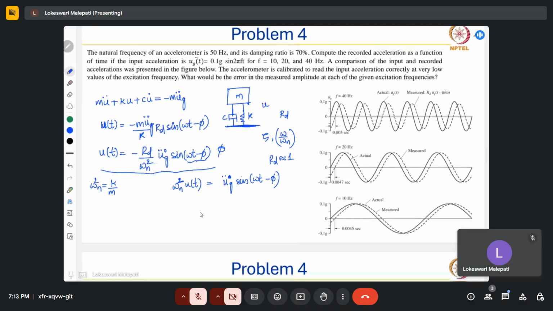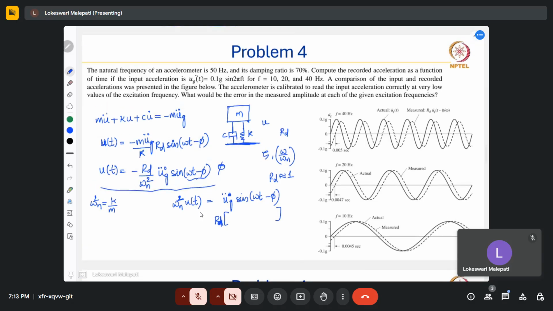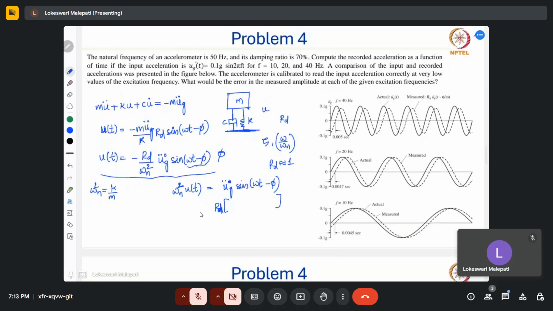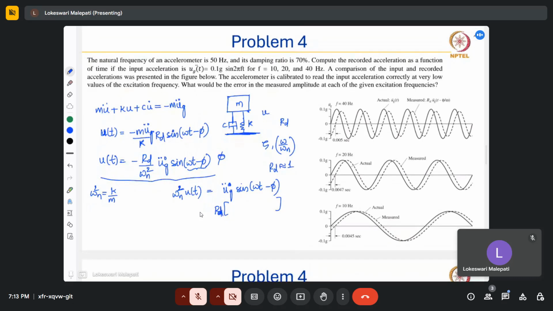They have given the actual acceleration, and the measured value would be Rd times the actual one. So for measuring the error, we need to estimate this Rd value. Are you able to understand what I'm trying to explain? Do you have any particular doubt in this?